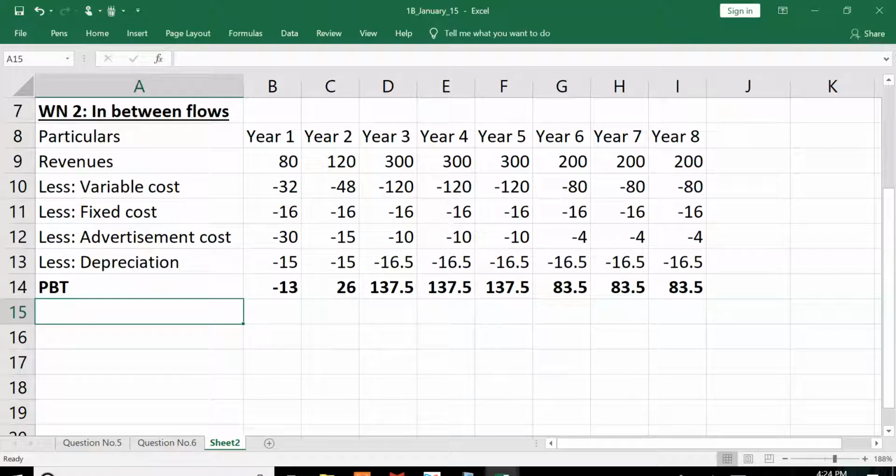In one of the years it is negative, other years are positive.